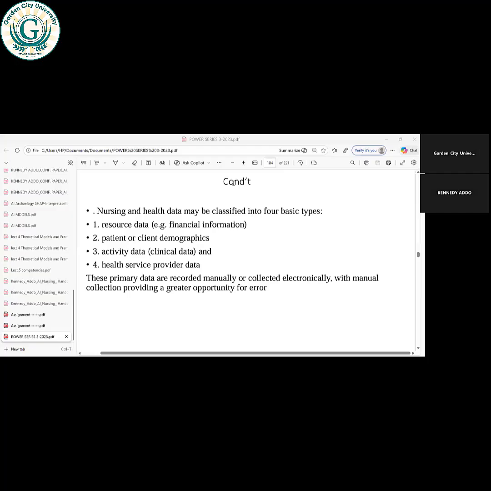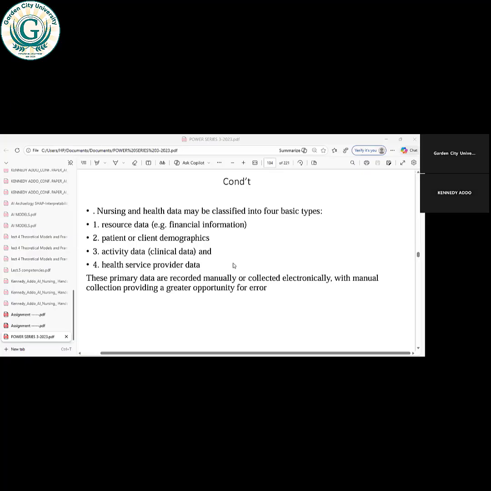All of them are seen as resource data. Then when it comes to activity data, right from, let's say, vitals, and then from admission through to discharge, all the major activities that are seen in nurses in terms of their work, that is the activity data or the clinical data.